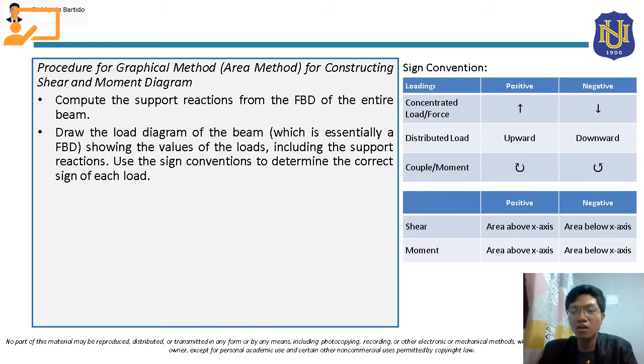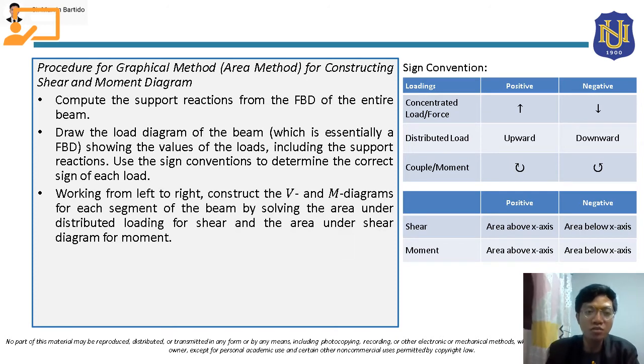Also for the sign convention in plotting the shear and moment, if the shear is positive, it should be plotted above the x-axis, and if it's negative, it is plotted below the x-axis. That's the same for moment. If the moment is positive, it will be plotted above the x-axis, and if it's negative, it will be plotted below the x-axis.